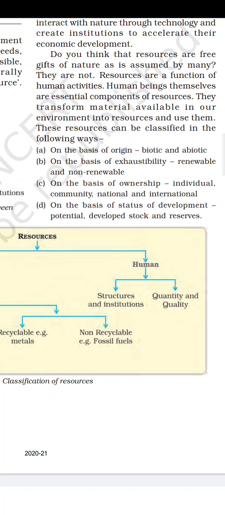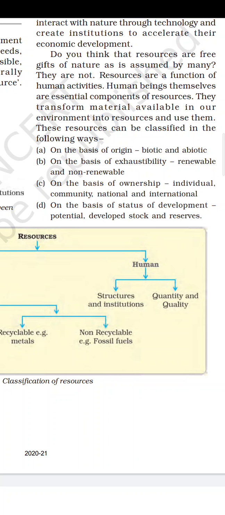You are aware of biotic and abiotic. Biotic means living things and abiotic means non-living things. Clear? You must have studied it in your previous classes, so I will not go in detail. Plants and animals, they are biotic, and all other like mineral rocks, they are abiotic.